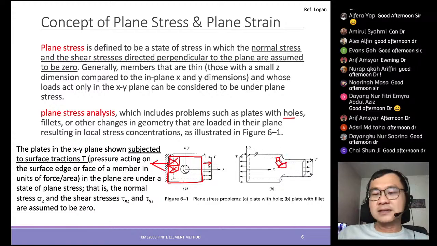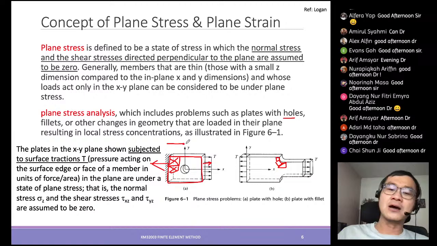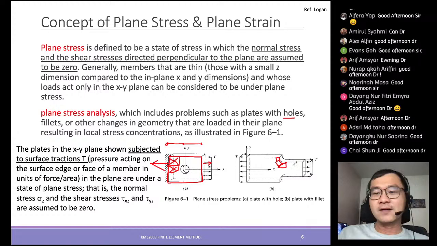Then you may not be able to represent it with a simple beam now. So as we said previously, you may easily represent the problem with a single beam element and so on. But then if there is a hole in between and other types of so-called stress concentrations, therefore the beam element may not be useful now, okay?